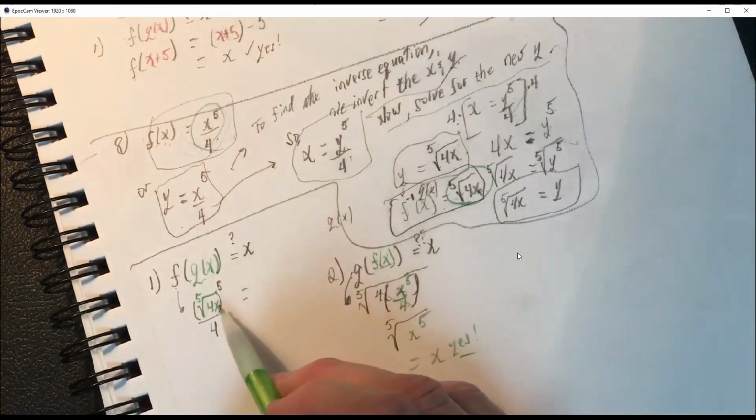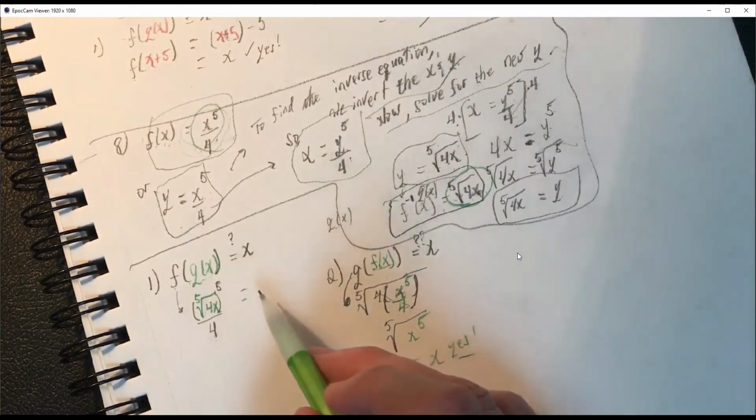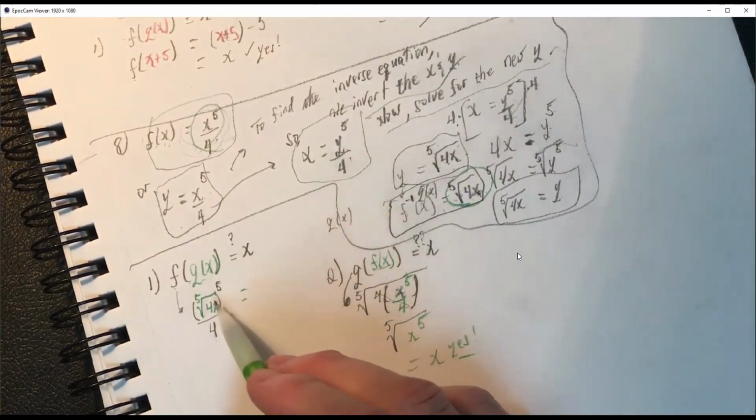This one, the multiplied 4 is inside this root, and this division of 4 is not inside. So if we divide them first, you maybe won't even think you're doing anything wrong, but you really have to get rid of the multiplication of 4 first, because it is inside this root.